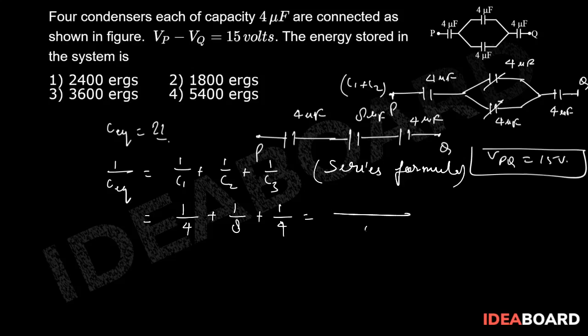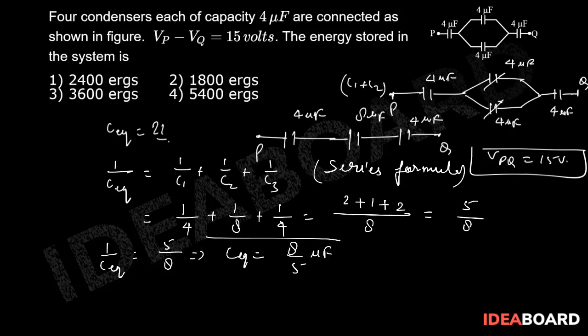Take the LCM, which will be 8. So this will be 2 plus 1 plus 2, which gives you 5 upon 8. So 1 upon C equivalent is 5 by 8. So C equivalent will be 8 by 5 microfarad, correct?